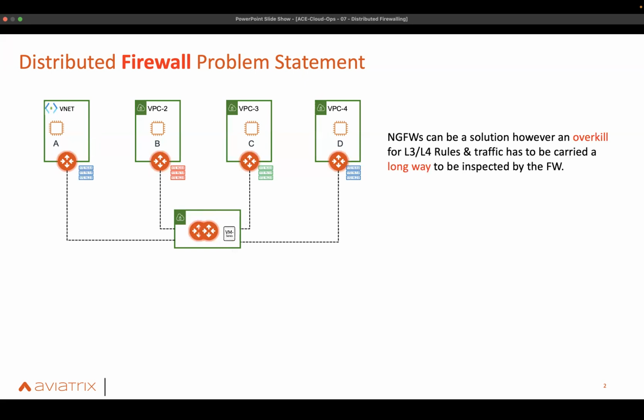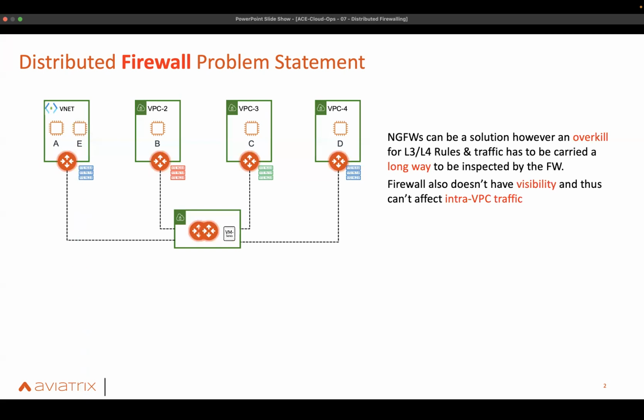However, they are an overkill, especially if you're doing layer 3, layer 4. Imagine having to carry the traffic through the VPC router to the spoke, to the transit, and then only figure out that you are denying a particular port. Can we do anything better? This is the question. The other problem is the firewall does not have visibility and thus cannot affect intra-VPC traffic.